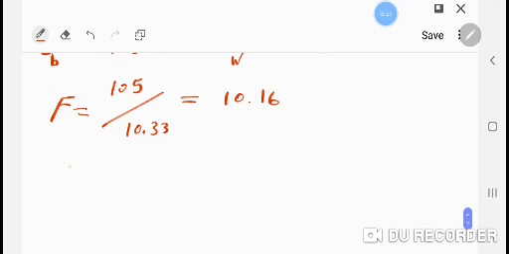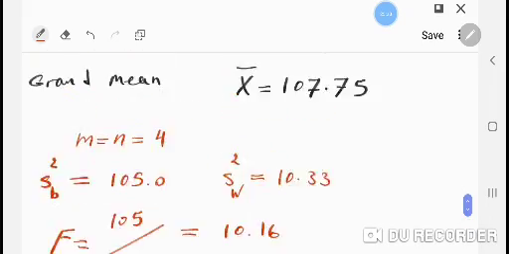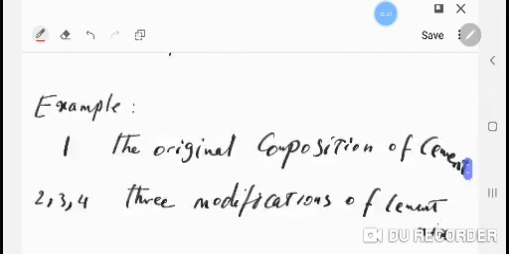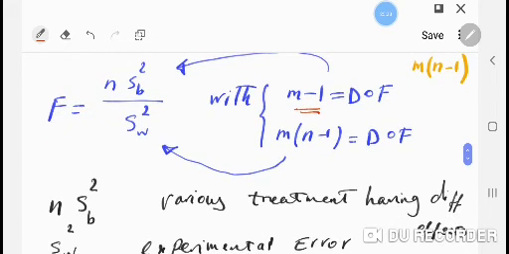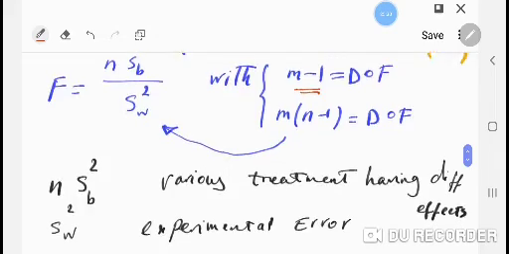And from table F, with degree of freedom 3 and 12. 3 is n minus 1, degree of freedom is n minus 1, 4 minus 1 is 3.